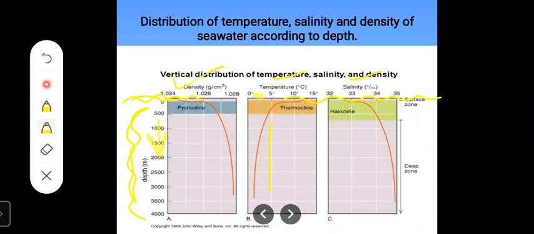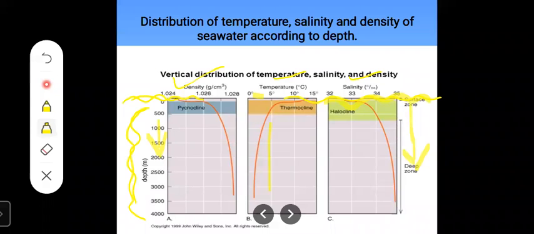Here salinity means what? As we are near the surface area, the waves which I have drawn, as we go down in depth, we are going to swim down, students, in depth. The salinity will remain the same.